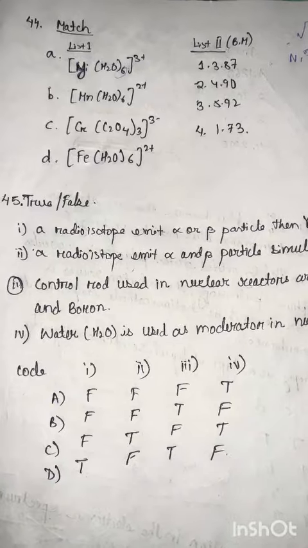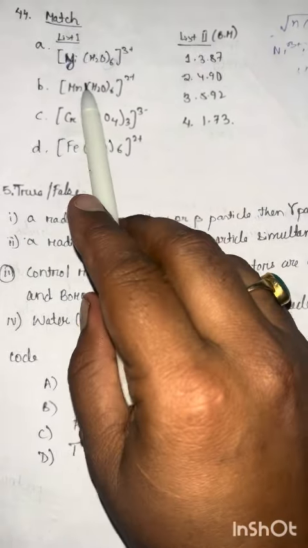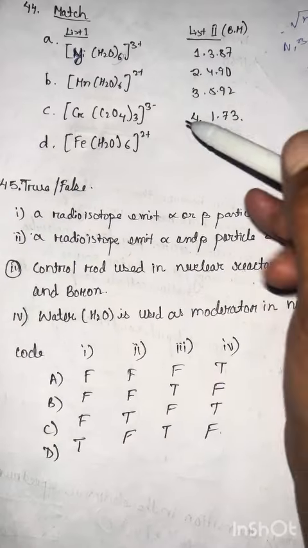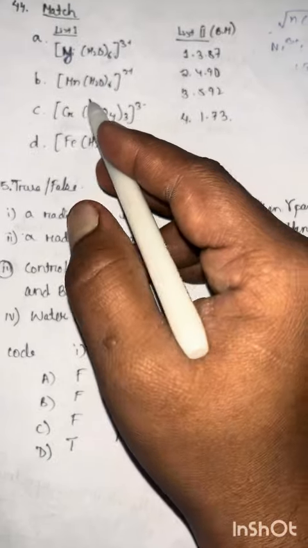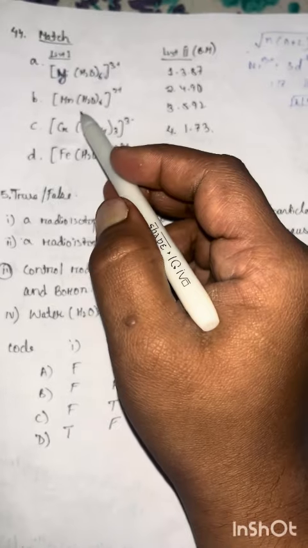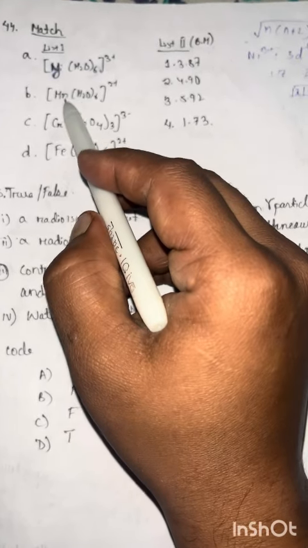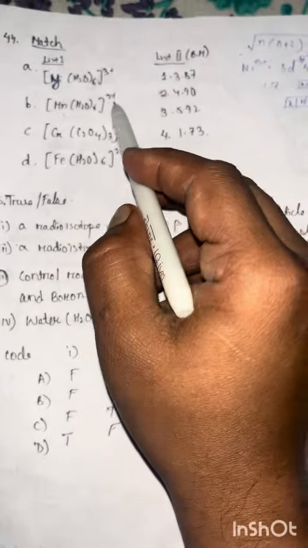Next we see a question. There is a printing mistake, but everything is nickel. Let's check. Suppose we consider this one, Mn2 plus.